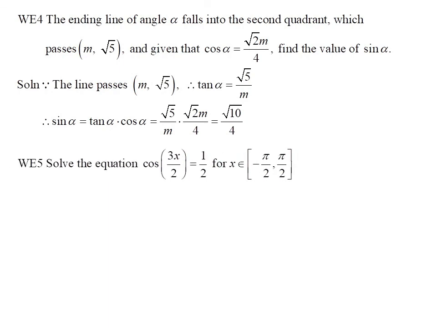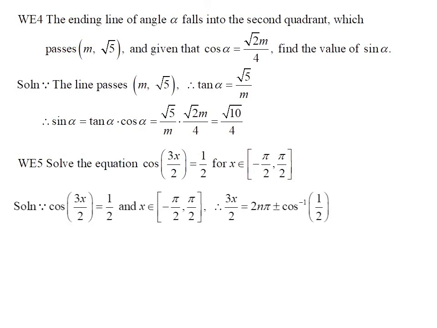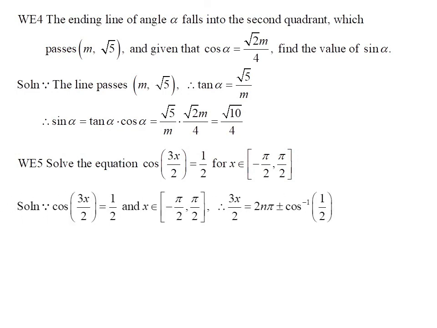Example 5 is to solve the equation cosine 3x over 2 equals half, given that x is between negative pi over 2 and pi over 2, including both endpoints. Based on the given criteria, the general solution formula of cosine function can be applied here.